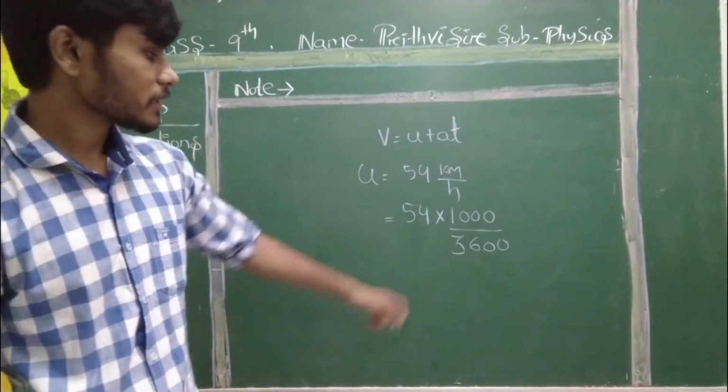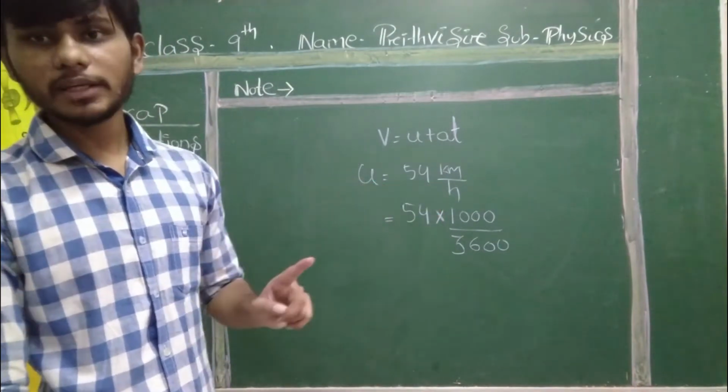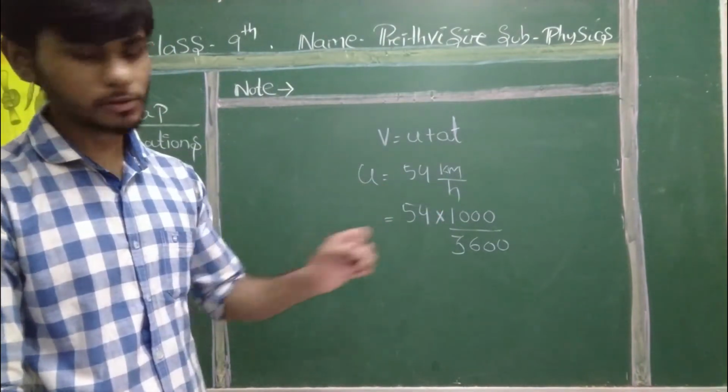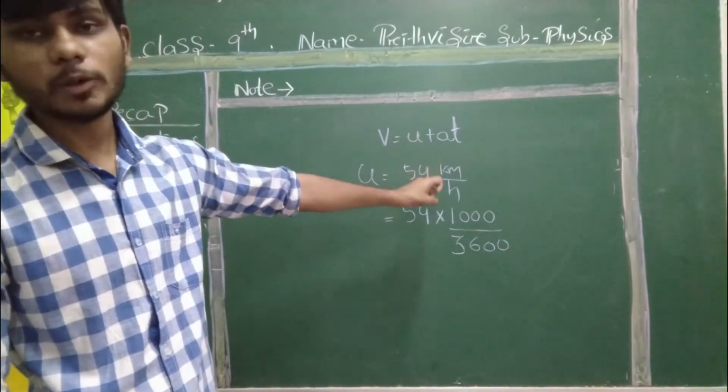As you can see, 1 hour is equal to 3600 seconds, so I wrote that, and 1 kilometer is equal to 1000 meter.